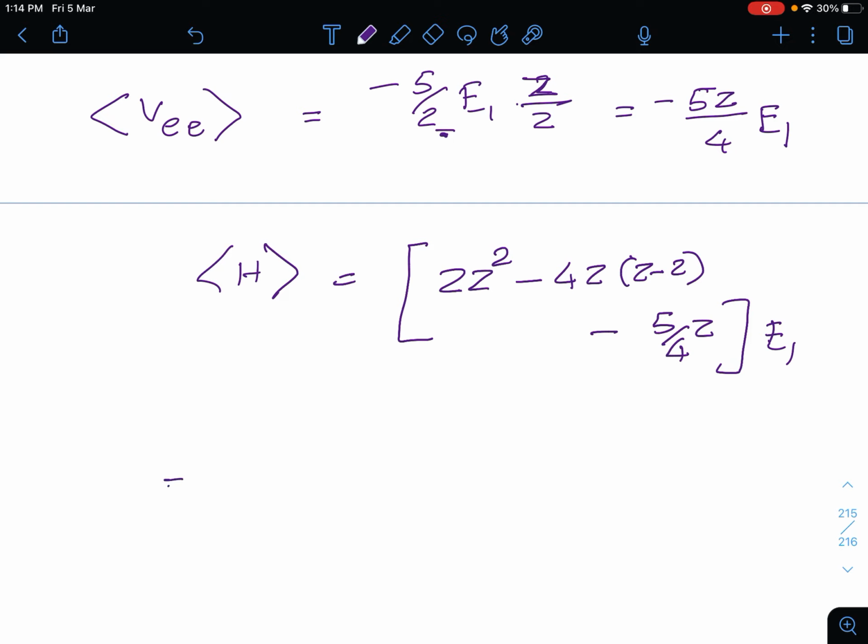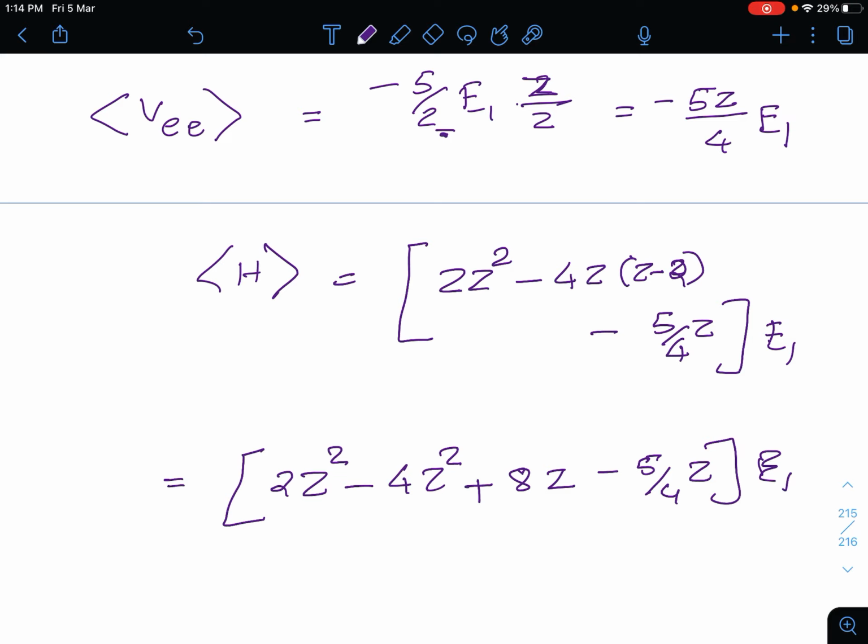So this becomes 2z square minus 4z square minus z minus 2, sorry, plus 8z minus 5/4z into E1.